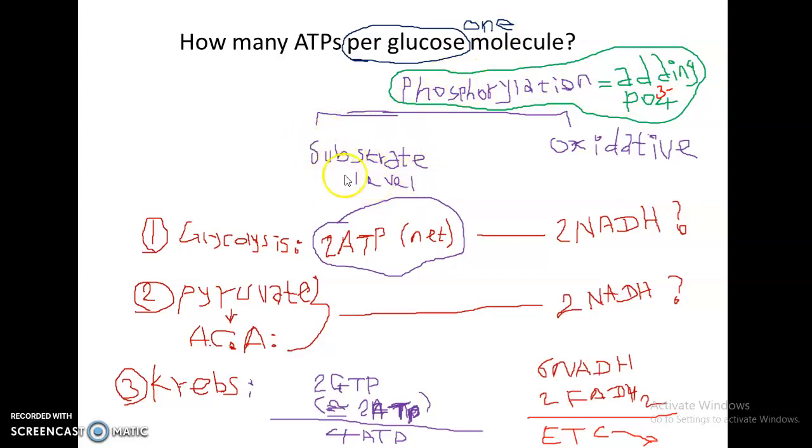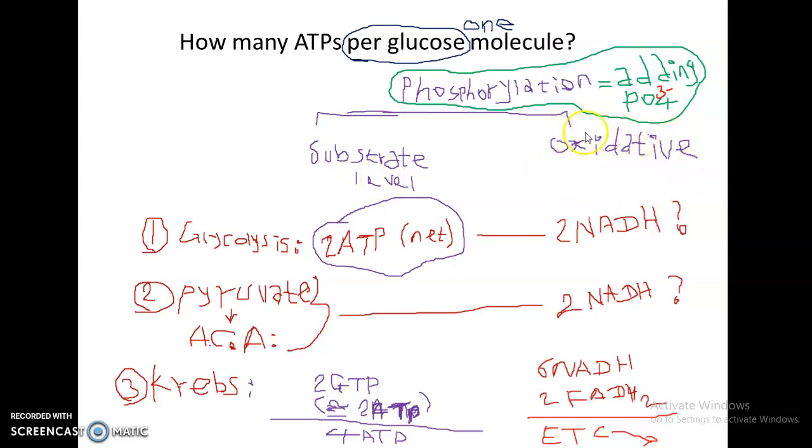When we say substrate level, in the pathway there are substrates, the metabolites. From the conversion of one metabolite to another, there are some ATP making processes. That is substrate level phosphorylation. The other is oxidative phosphorylation.